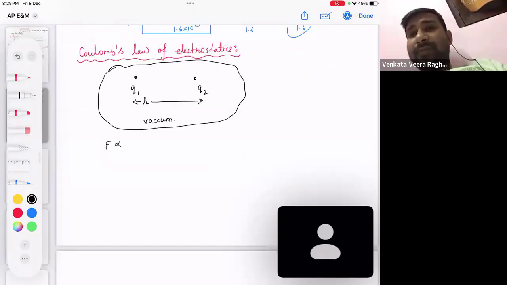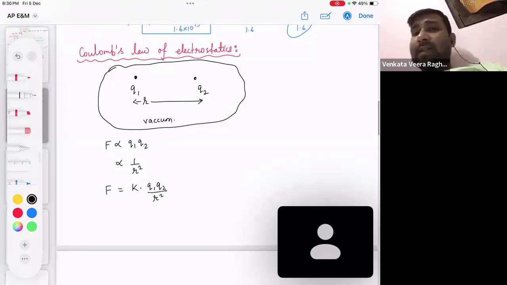The force between these two charged particles will be proportional to the product of the charges, and it is going to be inversely proportional to the distance square. So if we combine them, we are going to get a constant K Q1 Q2 by r square.